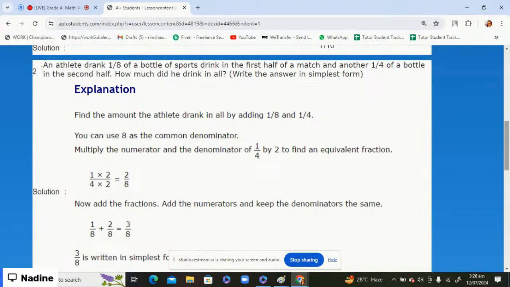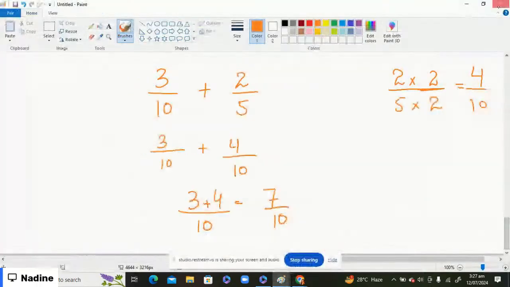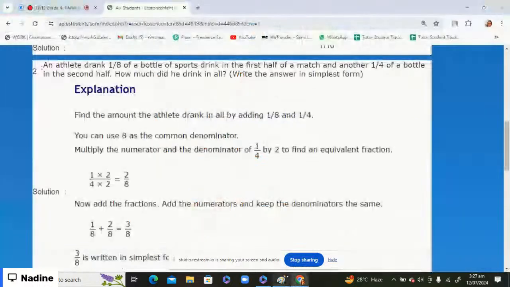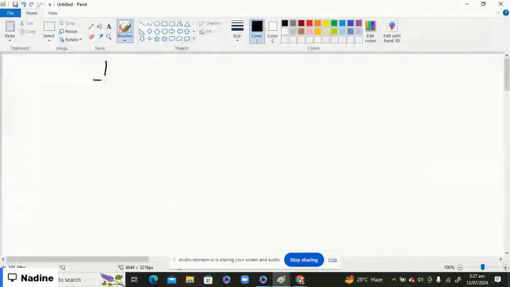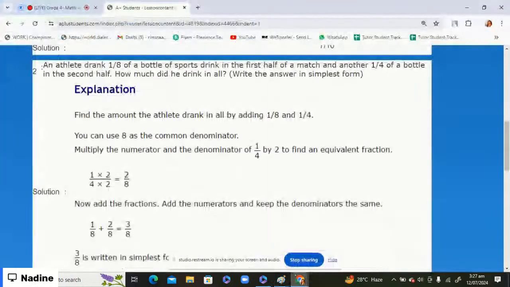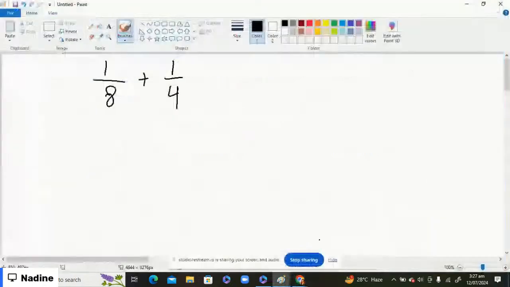So if they are saying drink in all, first of all we're going to write the numbers 1 by 8 and 1 by 4. Let me write it here. It's 1 by 8 plus 1 by 4. Now what is the smallest denominator? 1 by 4. Multiplying and dividing which number, then you get the answer here, 8? Tell me which number you're going to multiply.